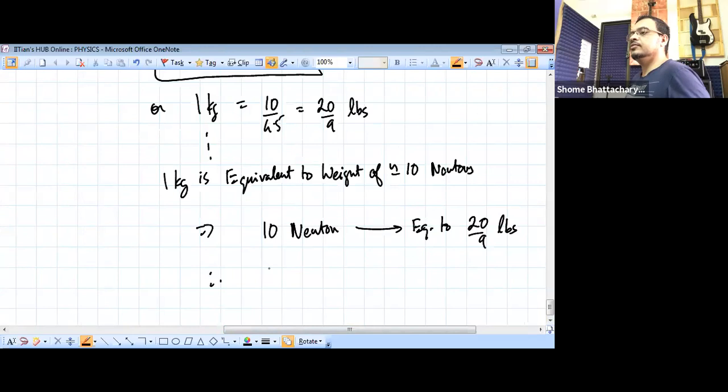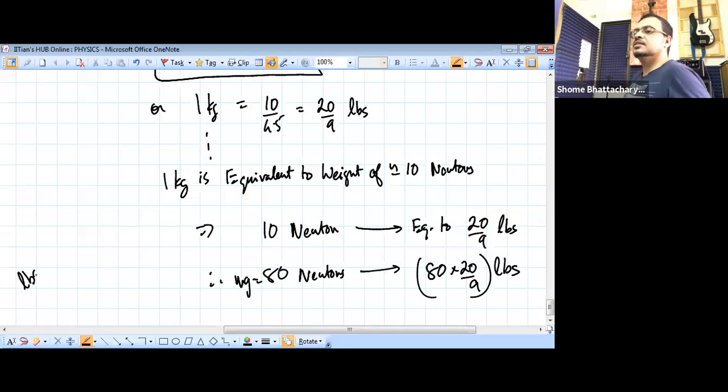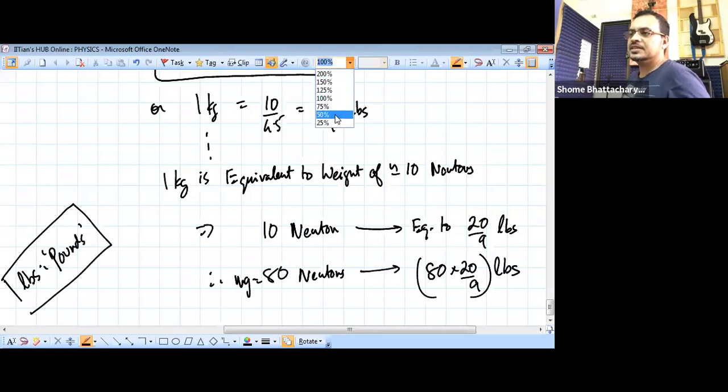So 80 newtons is the weight of the person, and that is equivalent to 80 into 20 by 9 in pounds. This lbs is the symbol used for pounds. Pounds is an outdated unit that is not used anymore in engineering and science, other than for very specific purposes.